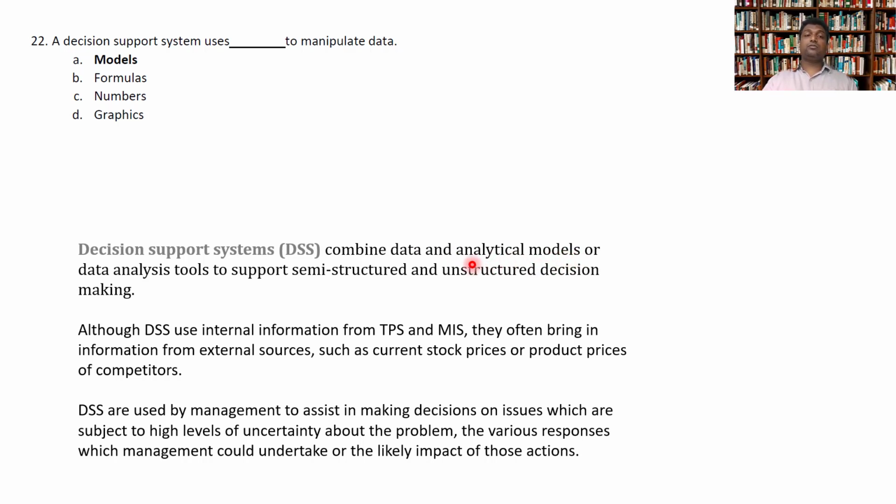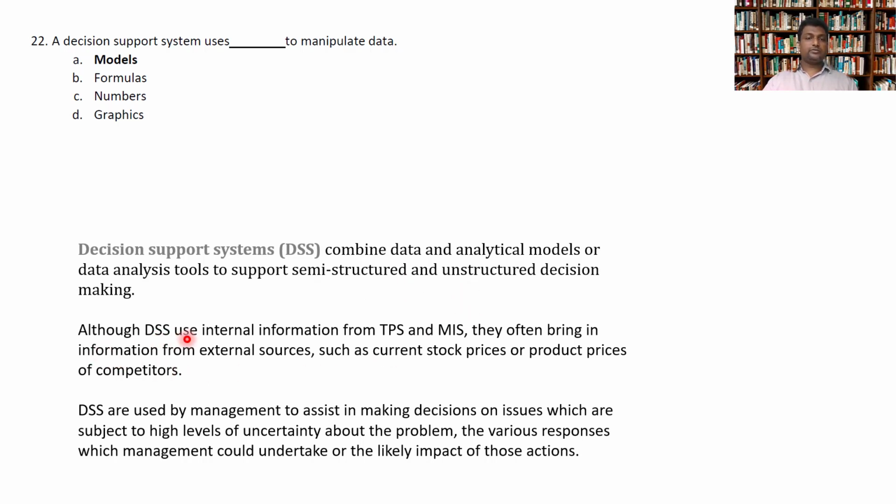different analytical models or analytical data analysis tools, because this feature or this software is all about helping us to take decisions. Not only as a support, it will also give us suggestions on how to make decisions, what is the best solution here. So it will support semi-structured and unstructured decision making.